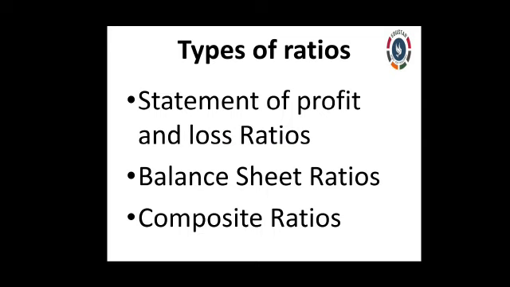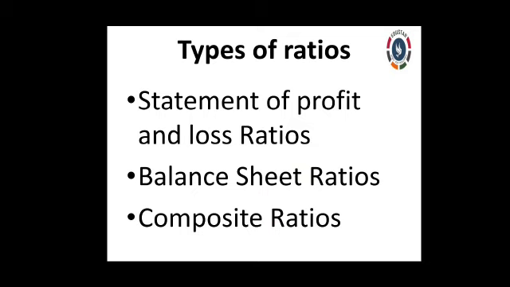And then composite ratio, that is, we have to take two variables, right? One variable from the profit and loss account and another variable from the balance sheet. That is called composite ratio. I will give one example for your better understanding.